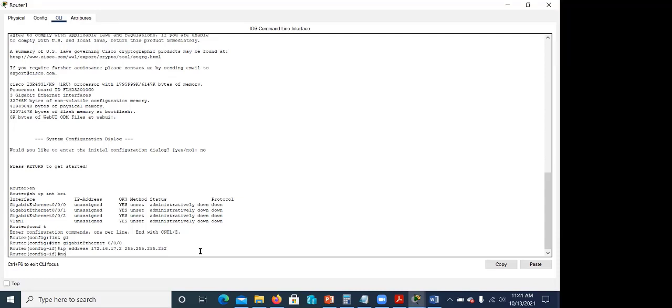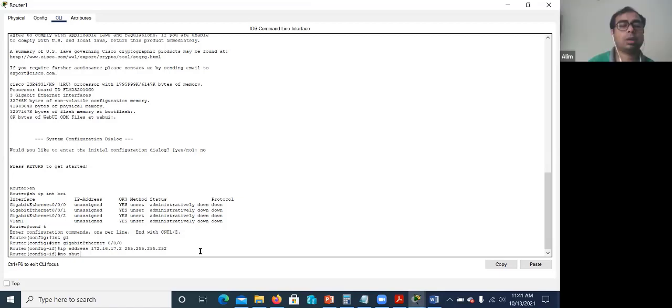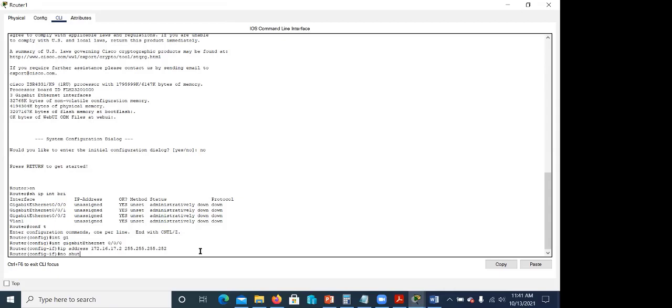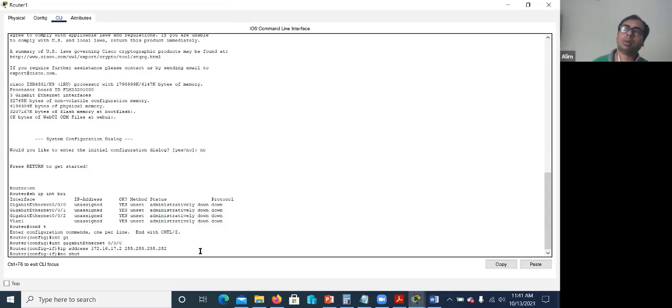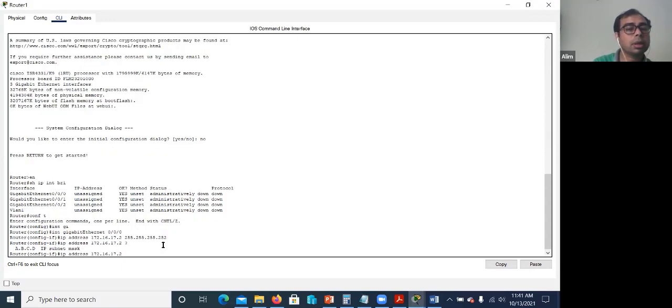Does this support slash annotation in the command? Some routers support CIDR commands, but in Cisco, what will be the command? Let me check. Here I use the question mark for the IP subnet mask.